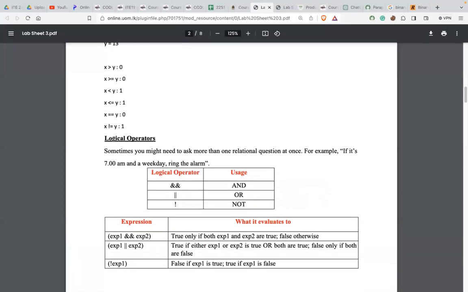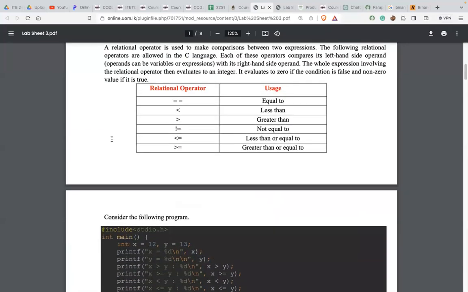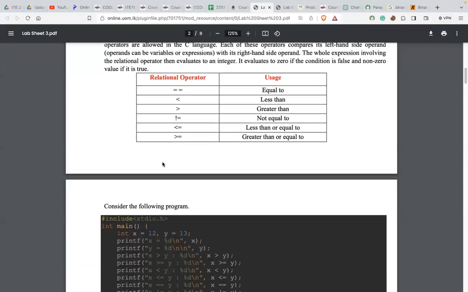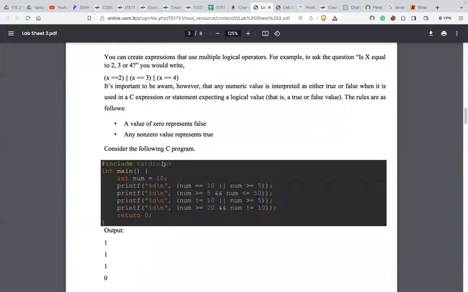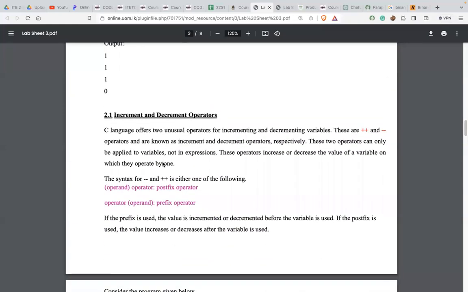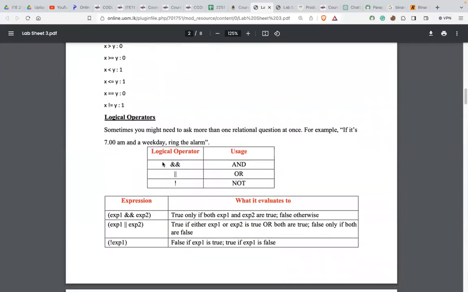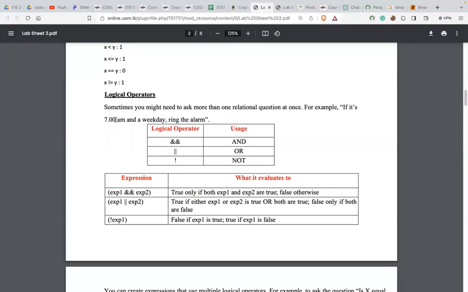The next one is logical operators. We have covered the assignment operator, arithmetic operator, relational operator. Now, logical operator.